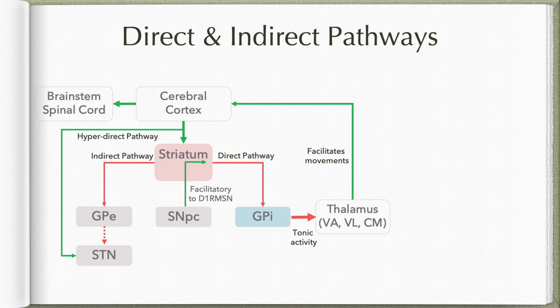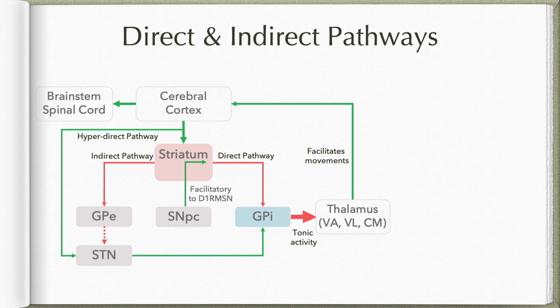Through both these pathways, the subthalamic nucleus is now excited, either through disinhibition from the globus pallidus externum or by direct stimulation from the cerebral cortical input itself. The subthalamic nucleus will then send excitatory input to the globus pallidus internum. So globus pallidus internum is excited, so it will continue to send the inhibitory output to the thalamus.